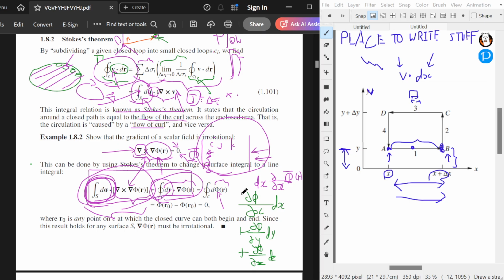I think I see what they're going for. They want to cancel out the dx with the del x. Can we do that though? I actually think we can, because we're dealing with dr. Let's say this is r, which means this little piece is dx, and this little piece is dy.